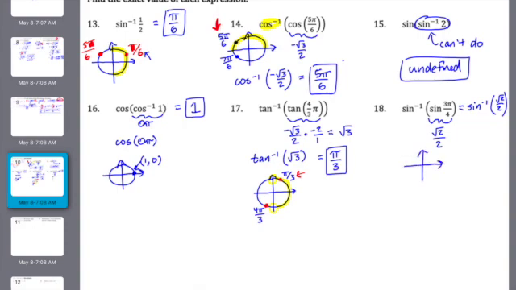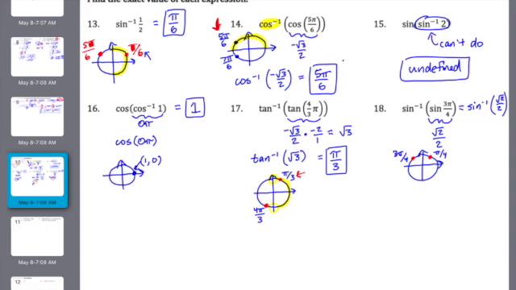All right, so if we get a unit circle out here, we're asking ourselves, where on the unit circle does sine have a value of root 2 over 2? So that happens in two places. It happens here at pi over 4 and here at 3 pi over 4. So for pi over 4 and 3 pi over 4, we have to figure out for the restricted domain of sine, which one of these is going to work.